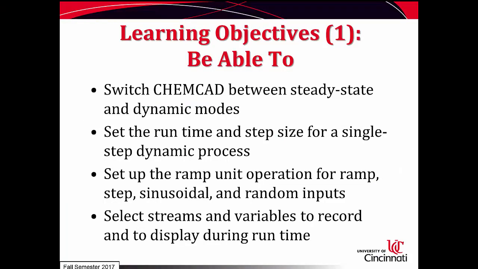So to summarize where we've been, you should now be able to switch CHEMCAD between its steady state and its dynamic modes. You should be able to set runtime and step size for a single step process. You should be able to set up a ramp for actual ramp inputs, step inputs, sine inputs, or random inputs. You should be able to choose which streams and variables you want to record and display during the actual CHEMCAD run.